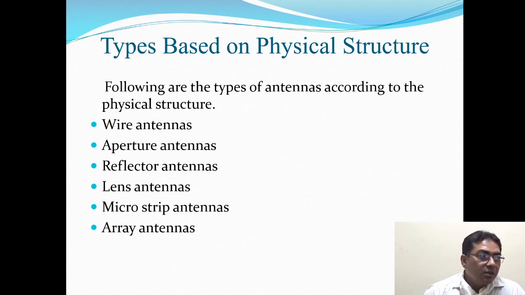According to the physical structure, the types are wire antennas, aperture antennas, reflector antennas, lens antennas, microstrip antennas, and array antennas. All these antennas we are going to study in detail later in the syllabus.